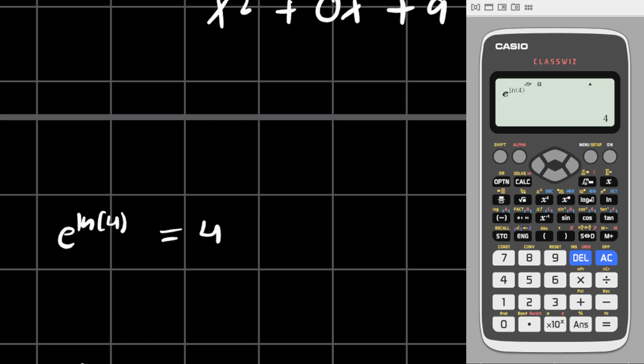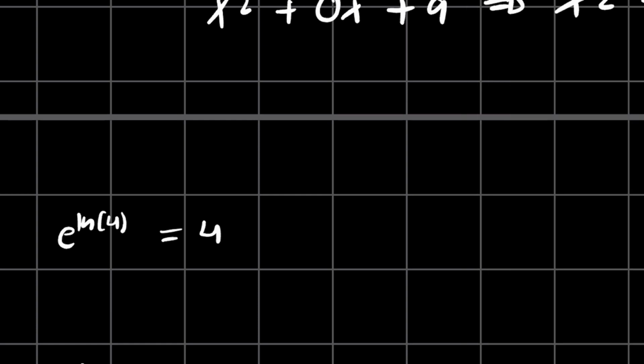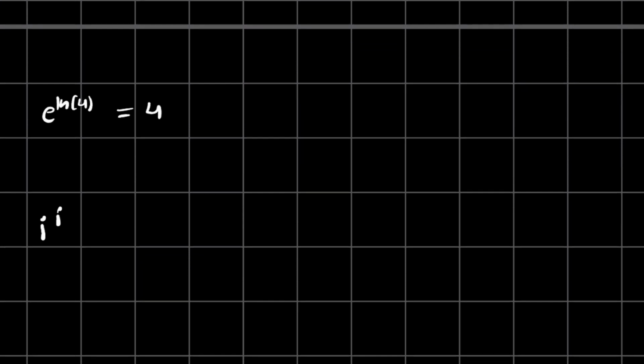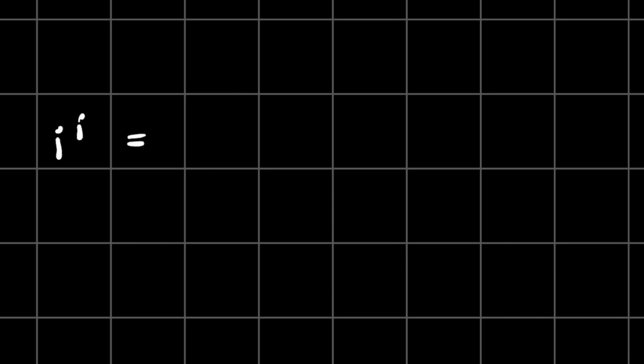So yeah, coming back to the exercise, that's the important thing that you need to know. So let's proceed with the exercise. What can this be? Well, if we take a look at this, we can simply say i is e to the ln of i, and everything to the i.